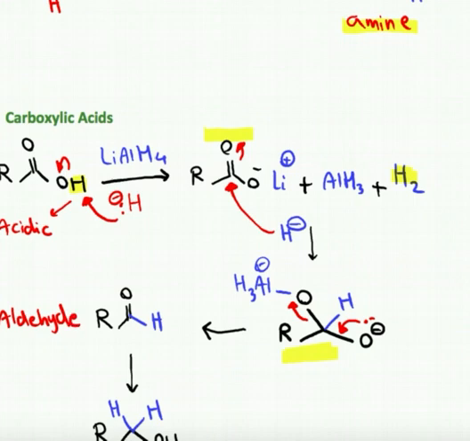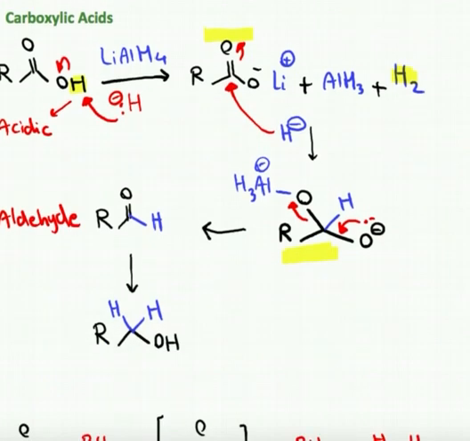Now again, because we're using lithium aluminum hydride, the reaction doesn't stop here. We're going to do one more step of reduction. This attacks here, breaks that bond, and this gives us our primary alcohol.